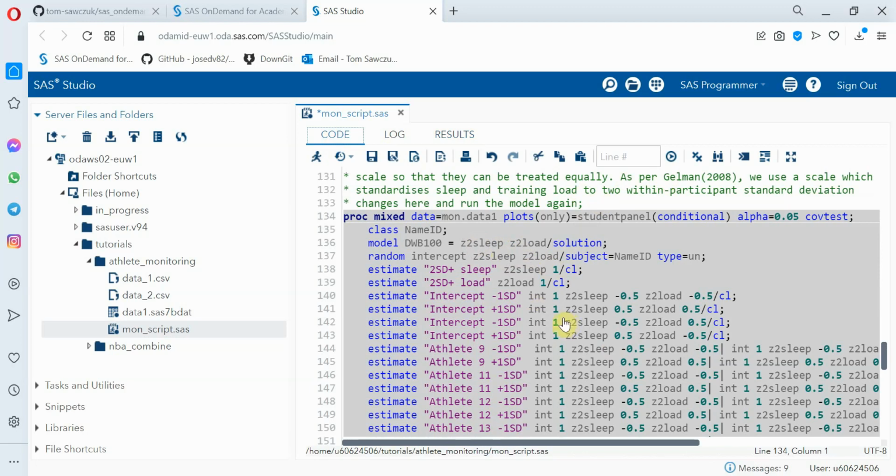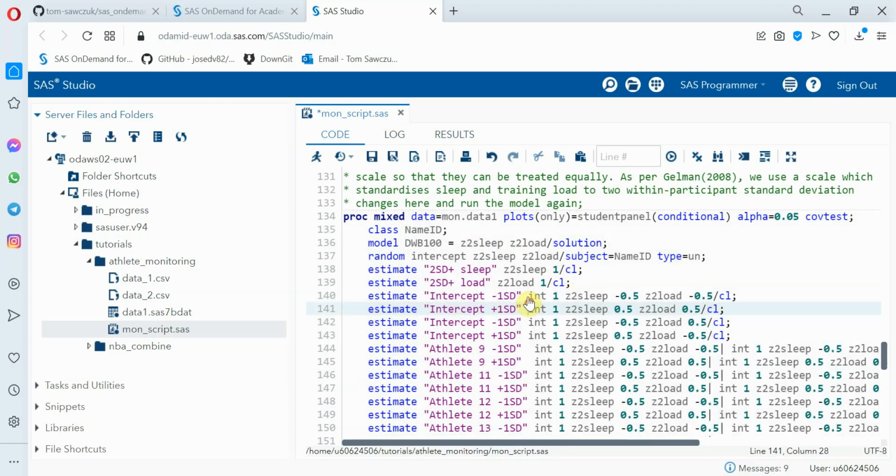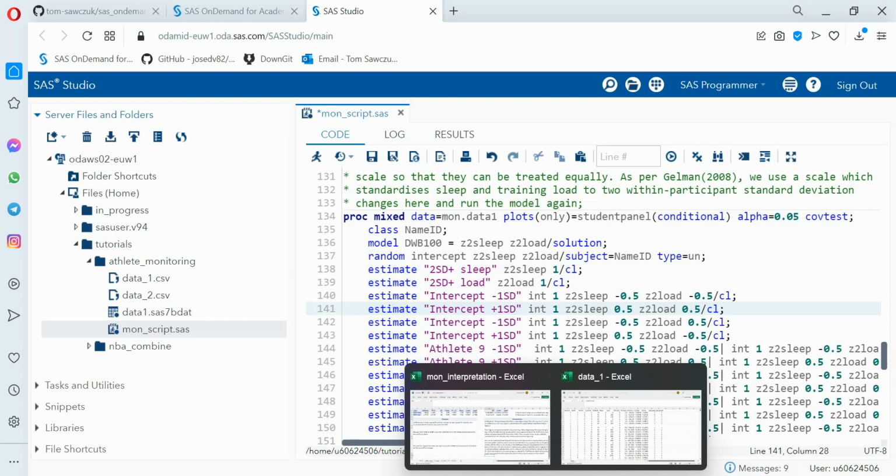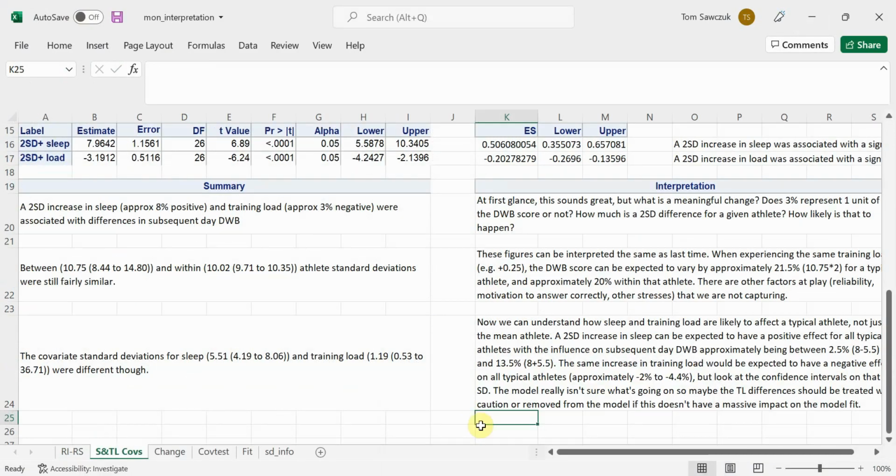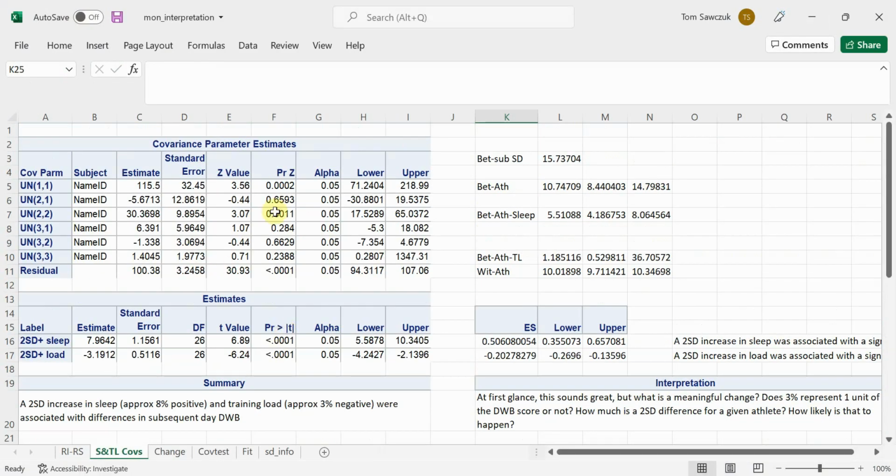But what we're going to do now is focus on understanding and interpreting the model. So if you go to the interpretation spreadsheet, you can see I've copied the covariance parameters in the S and TL covs and the estimates for 2SD plus sleep and 2SD plus load.